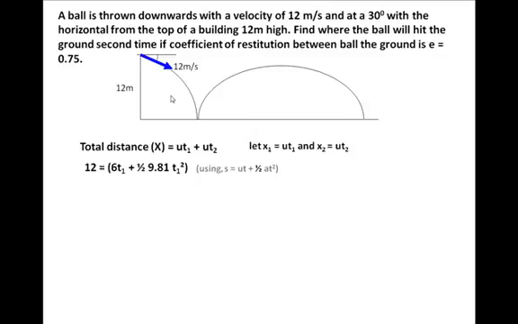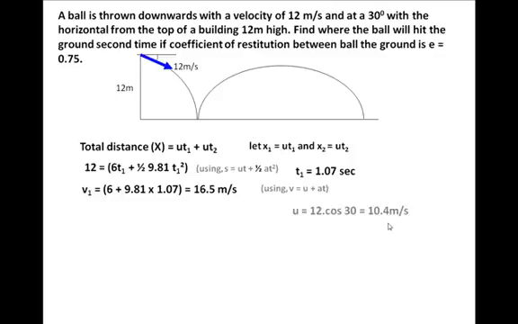Now let's work on individual projectiles. For this projectile, using s equal to ut plus half at square, we can work out t1 very easily. And we can also work out v1, the vertical velocity at the end of this projectile motion. That will be using v is equal to u plus at.